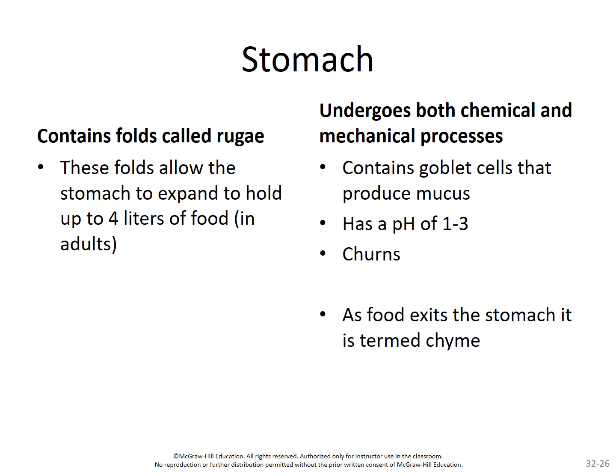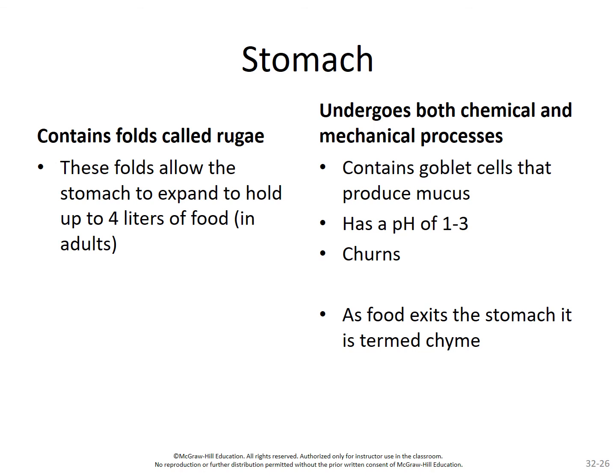Someone who is 4'11" is going to have a smaller stomach than Shaquille O'Neal would. But this 4 liters is on average in adults, and that's quite a bit. Picture a regular 2-liter bottle of Coke and then double it, and that's the capacity the stomach can possibly hold.